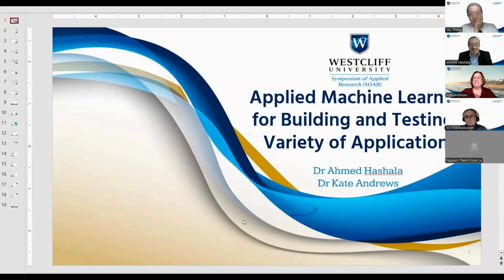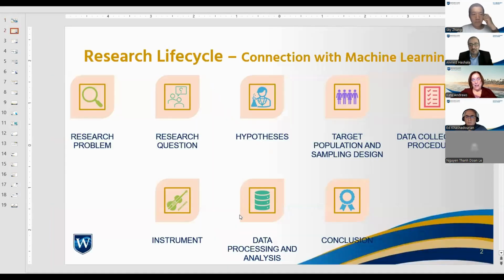So tonight we're going to talk to you about how to apply machine learning for a variety of applications. There are two parts to this talk. One is about the research process that we must establish, and the other is about the actual application of machine learning in your project.